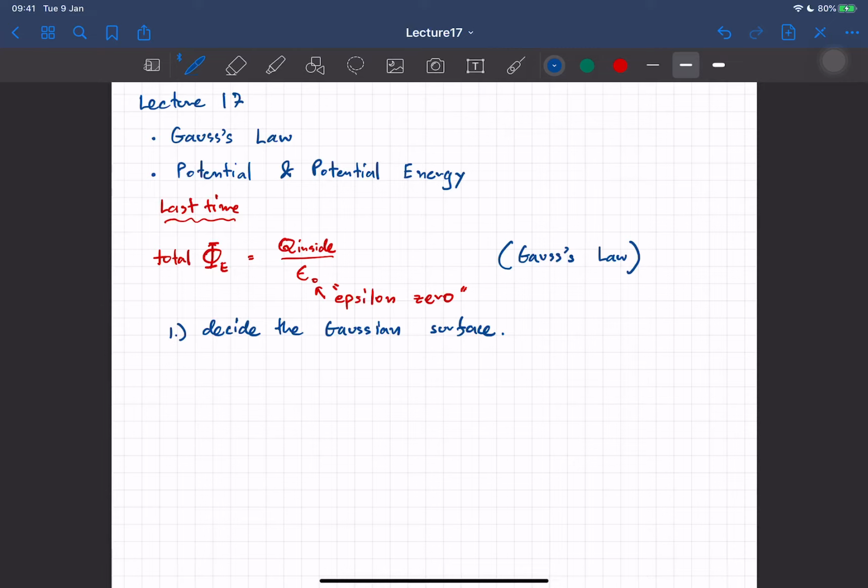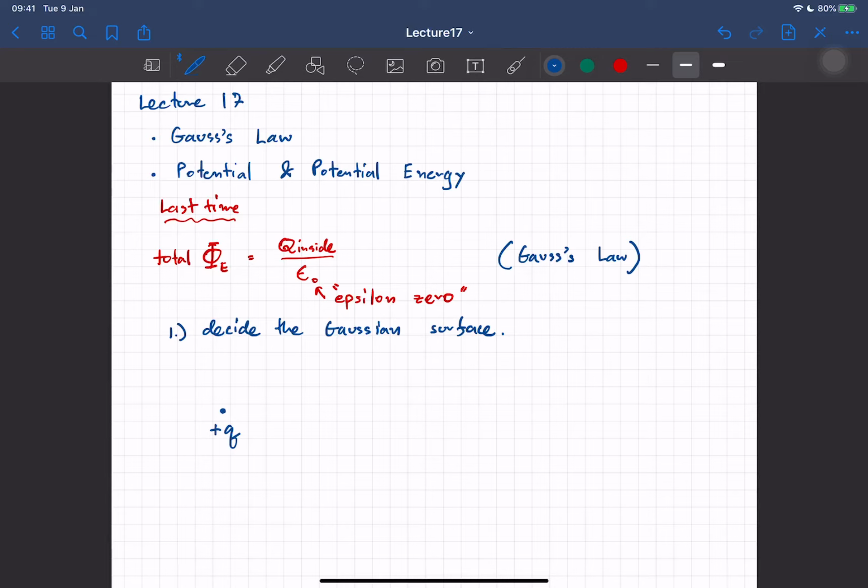For example, the easiest case is if you have some charge here, let's say plus small q, and then you are absolutely free to decide what kind of surface you want, what shape, how big or how small. You just have to pick one.